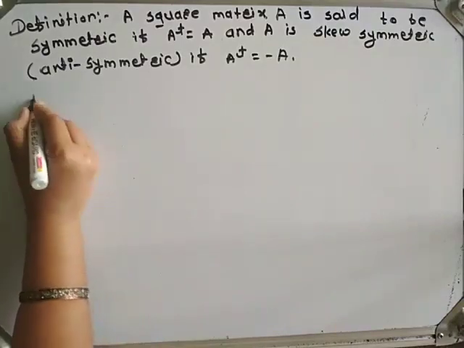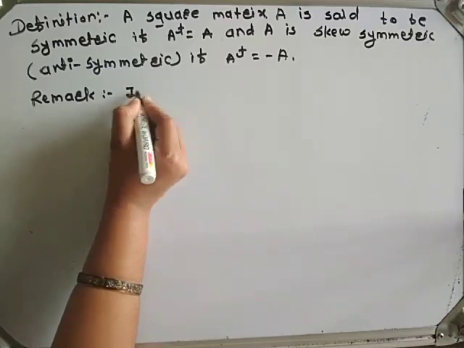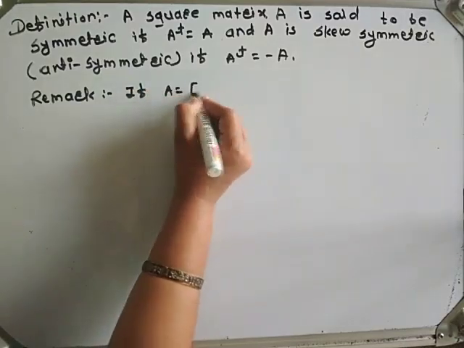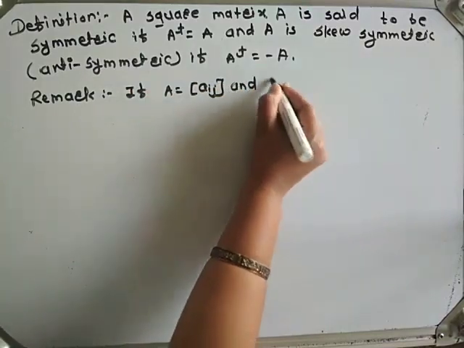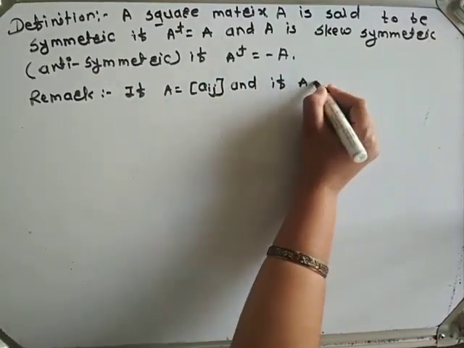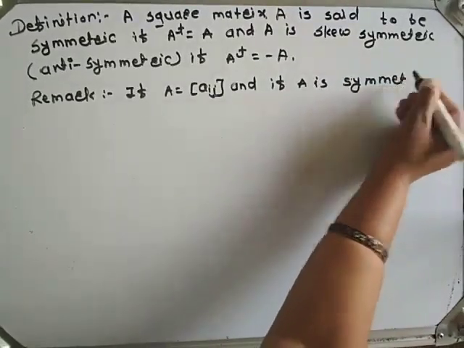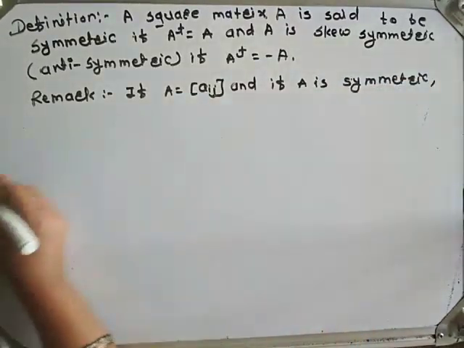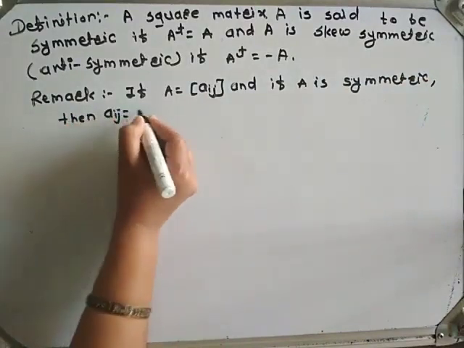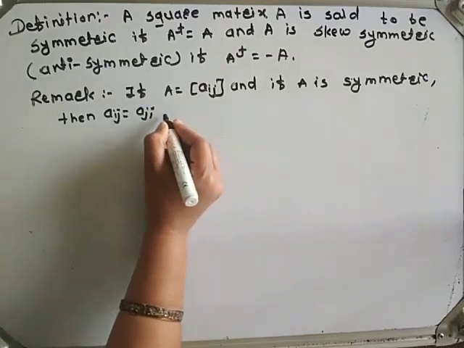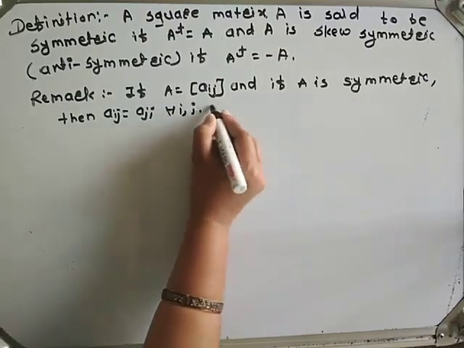Let us write down remarks. If A is equal to matrix Aij and if A is symmetric, then Aij is equal to Aji for all i, j.